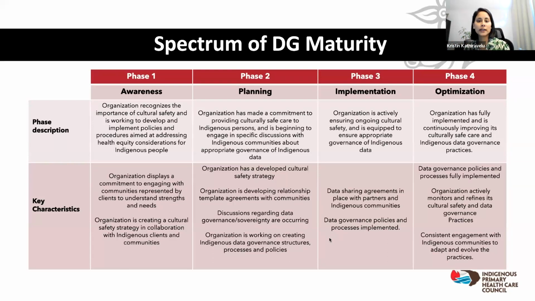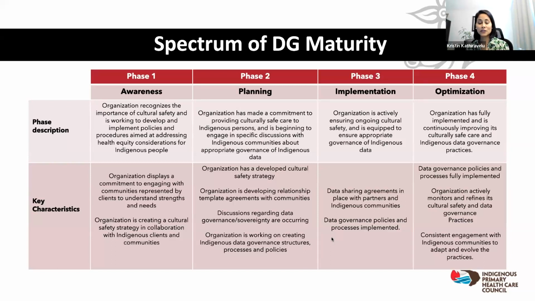A phase 3 organization, we're calling that the implementation phase. An organization in phase 3, we envision as actively ensuring ongoing cultural safety and well-equipped to ensure appropriate governance of Indigenous data. So they have all the pieces in place and all the tools in place. And then there's also a phase 4 organization.